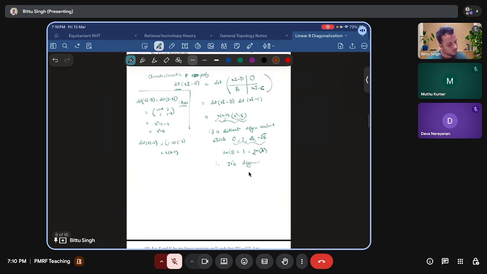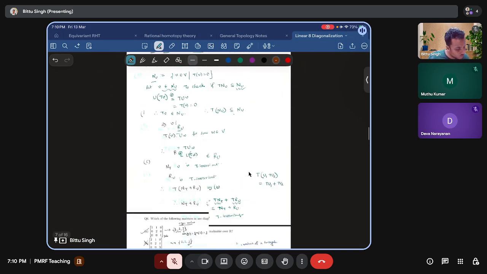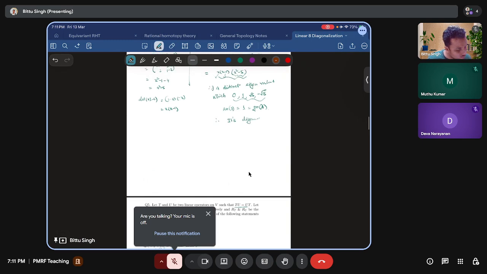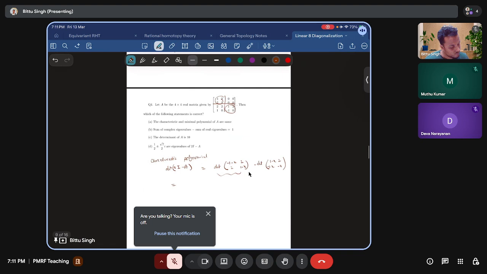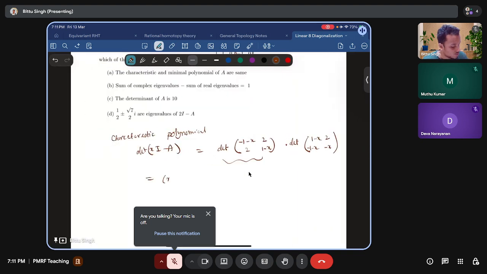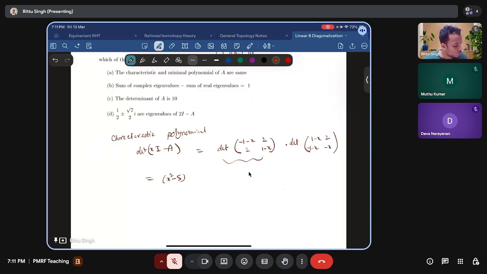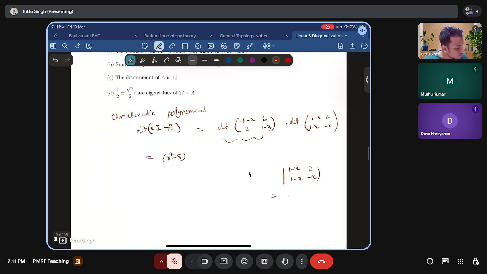It is x square minus 5. Now what is the determinant of the other block, 1 minus x, 2, minus 1, minus x? This is the same as x square minus x plus 2.